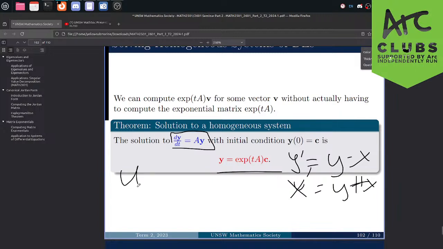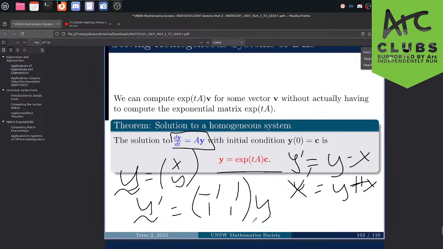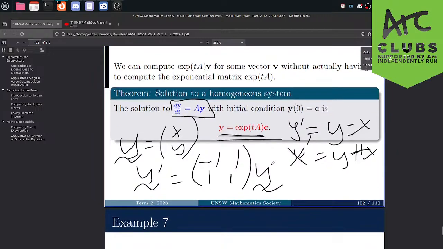If you note the vector y equals (x, y), then y prime equals the matrix (-1, 1; 1, 1) times y, like that. Okay, and so that's in this form, and then you can solve this using standard techniques. The homogeneous solution is the exponential times the initial condition.